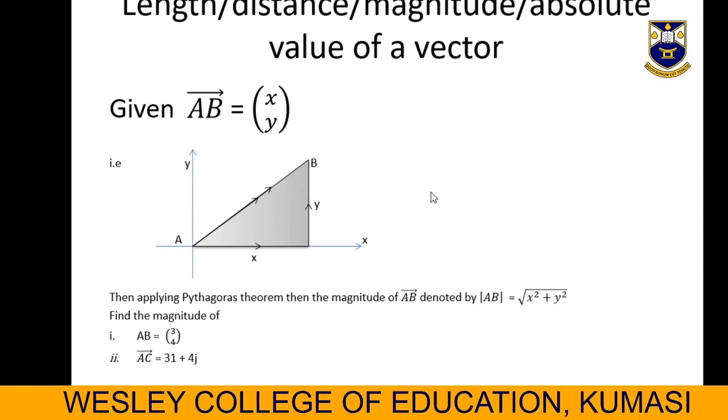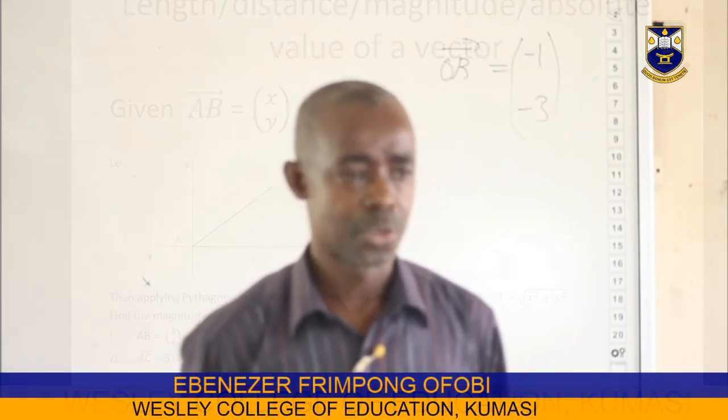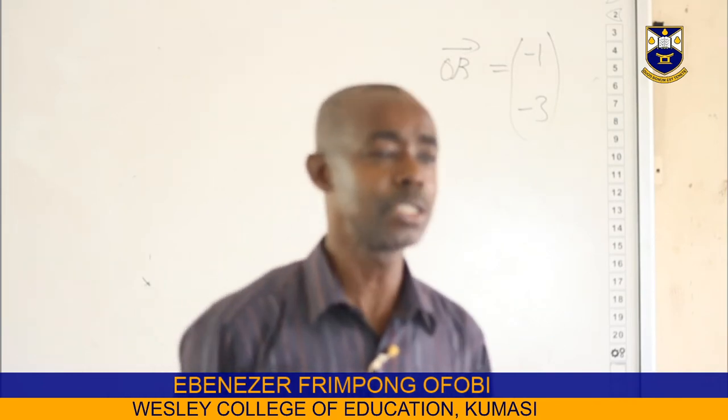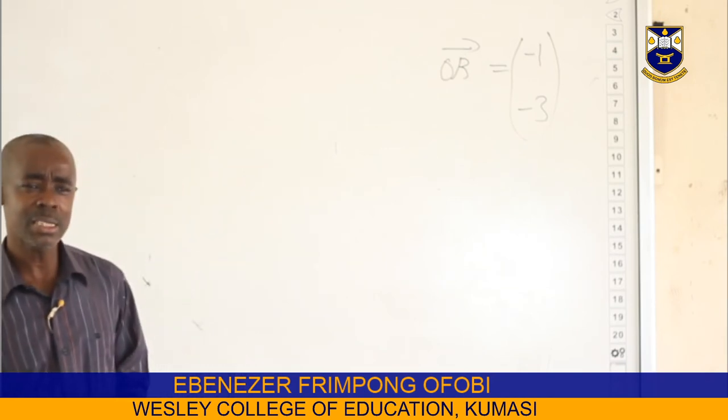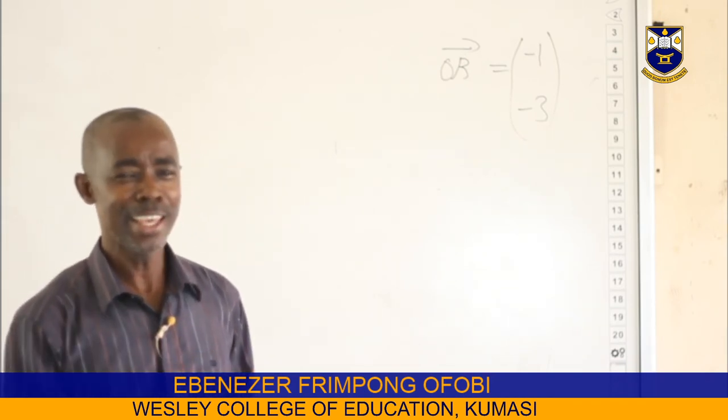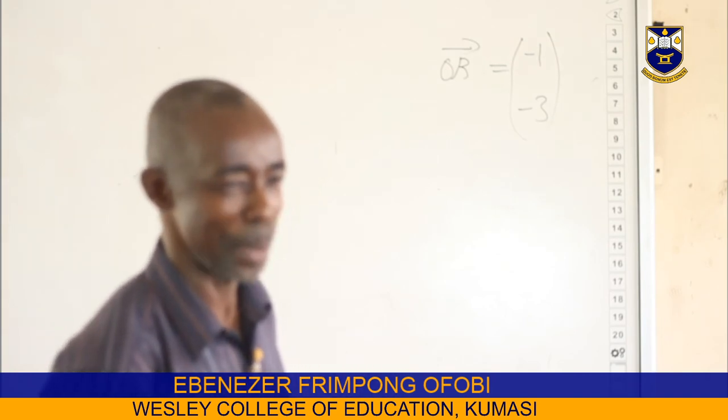Having talked about these things, it's important that we talk about the length of it. How do we know the length of a vector, especially when it's given in component form? Remember last week, you talked about Pythagoras Theorem. And here is the best stage to apply it.